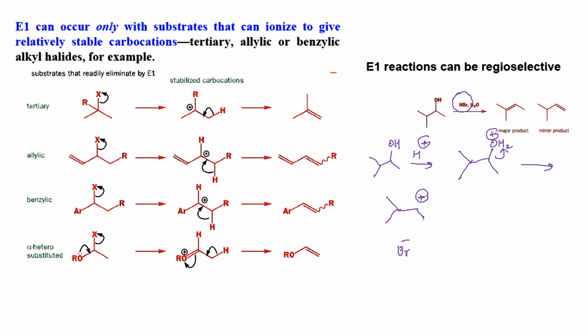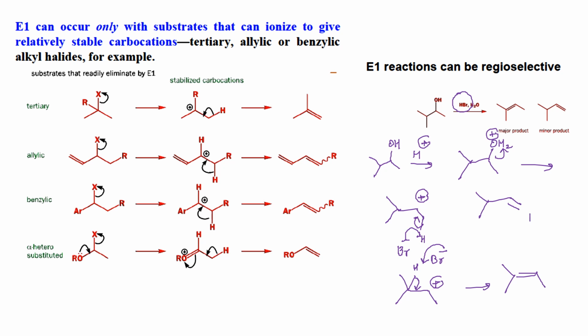That base can abstract a proton from two different sides. That is, either this proton can be abstracted, so this will lead to the formation of this particular product. In the other case, it can also abstract a proton from this carbon, that is, this proton can also be abstracted. There are two different possibilities. So in this particular case, you will be getting a product like this. Okay.